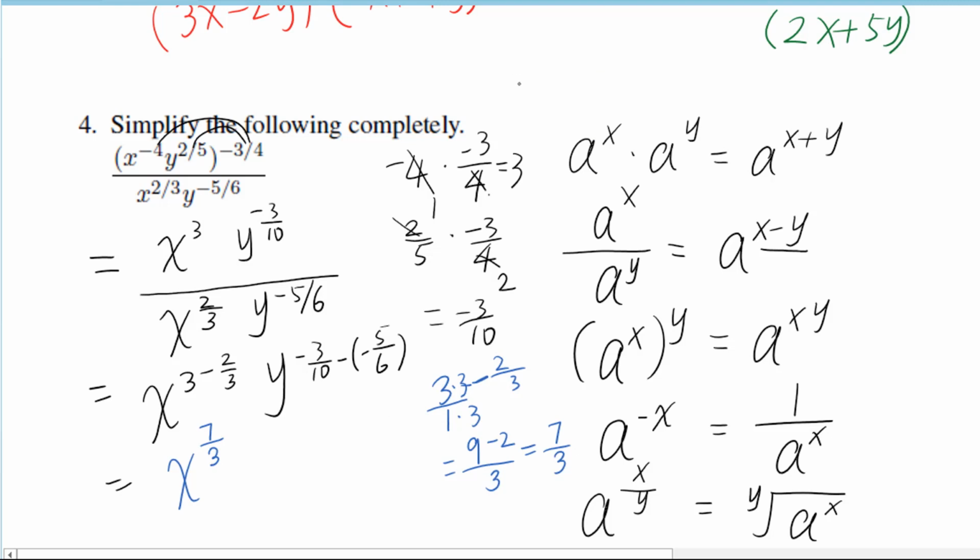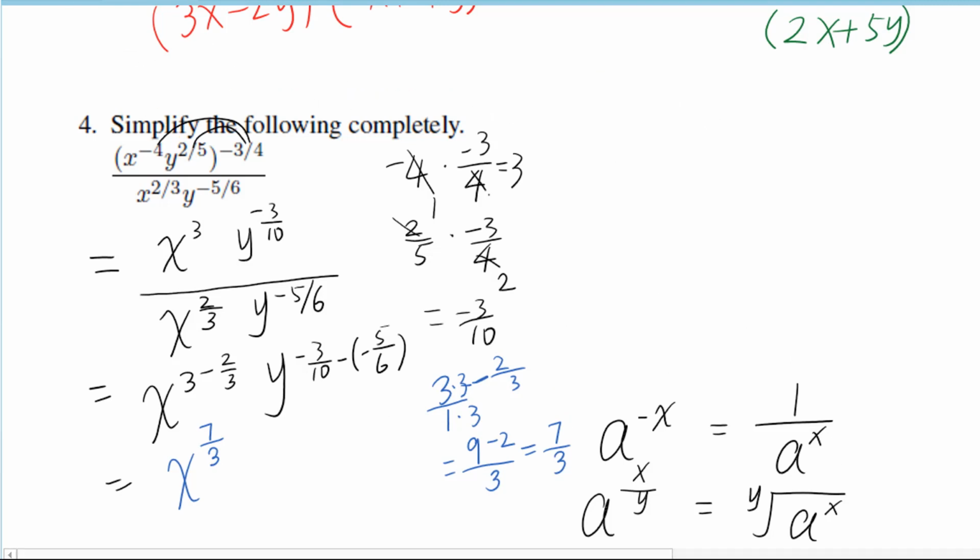For the y, you will get negative 3 over 10th power minus negative 5 over 6. Negative negative will be positive. Try to get LCD, 10 and 6. LCD will be 30. So this is multiplied by 3, and this multiplied by 5.